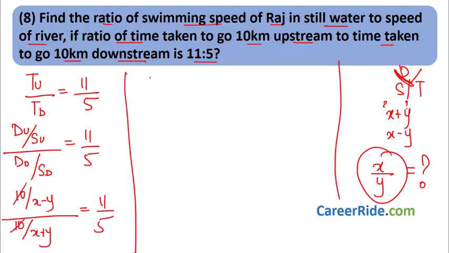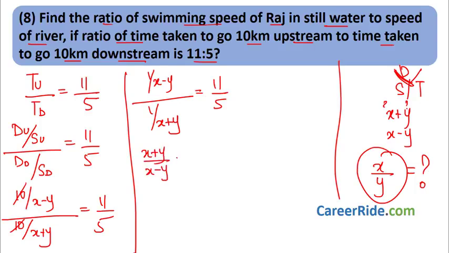We get 1 upon x minus y divided by 1 upon x plus y equal to 11/5. So x plus y will go over here, x minus y will come over here, equal to 11/5. So we have 5x plus 5y equal to 11x minus 11y.